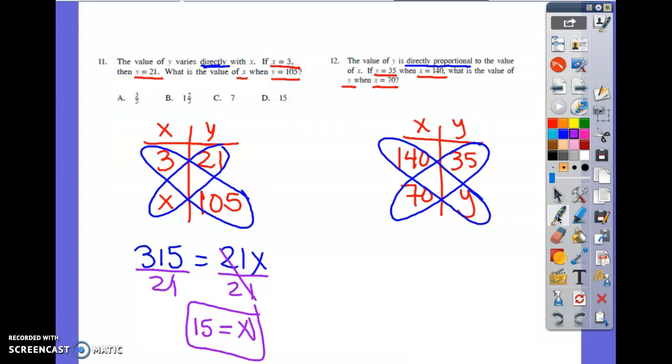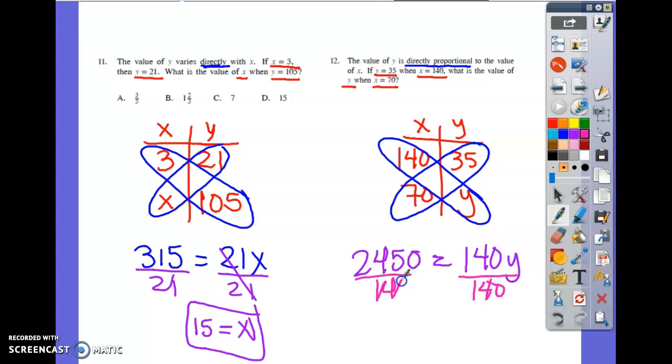Okay, 17.5 was the answer. When you multiply these two, that gave you 2,450. When you multiply these two, that gives you 140y. So you divide both sides by 140. So it can cancel. And that gives you y equals 17.5.